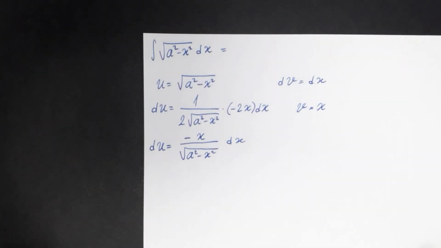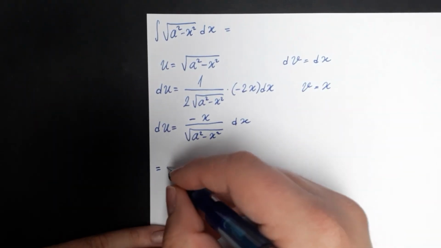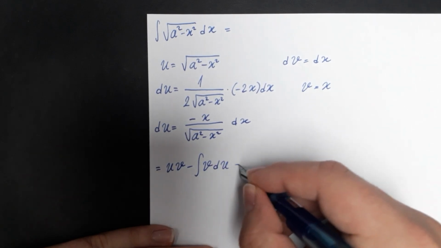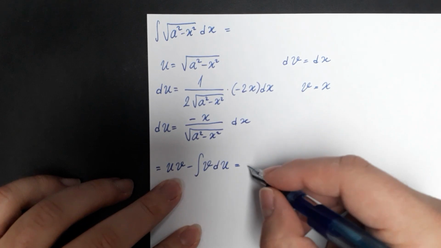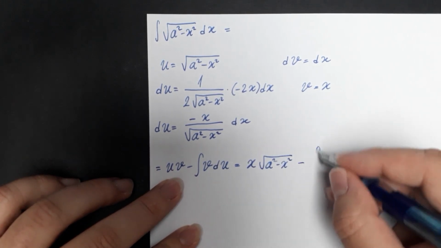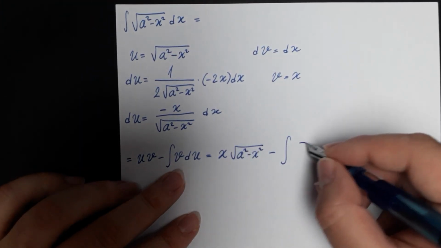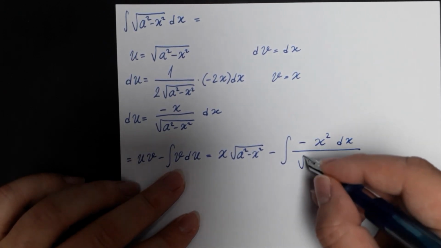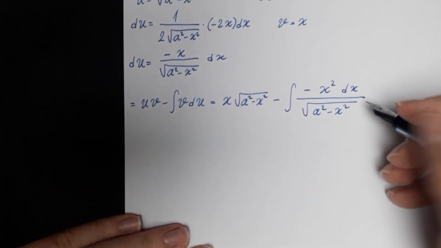That basically means that du is equal to negative x over the square root of a squared minus x squared dx. So this integral is then equal to uv minus the integral of v du, and that is equal to x times the square root of a squared minus x squared minus the integral of x times negative x dx over the square root of a squared minus x squared.